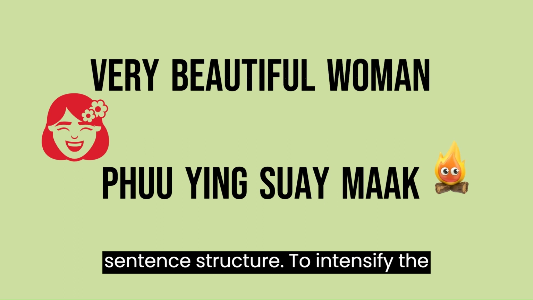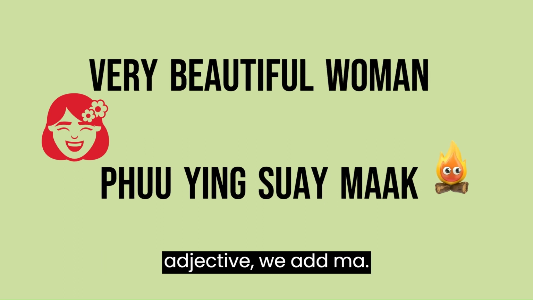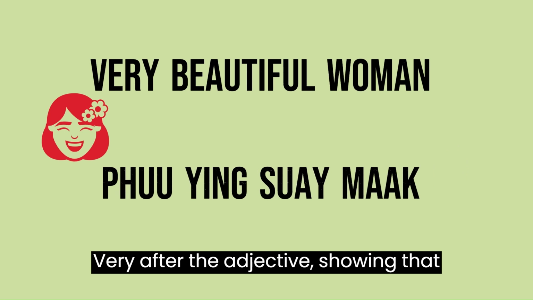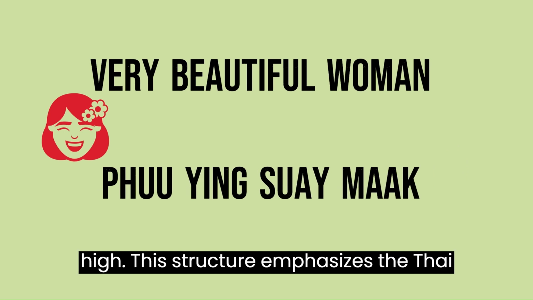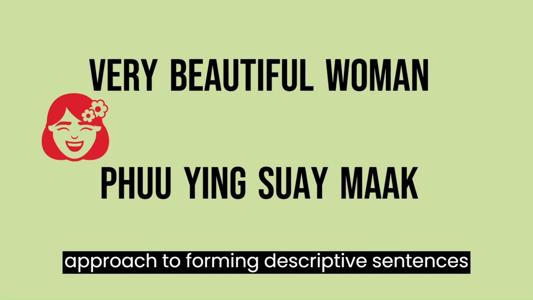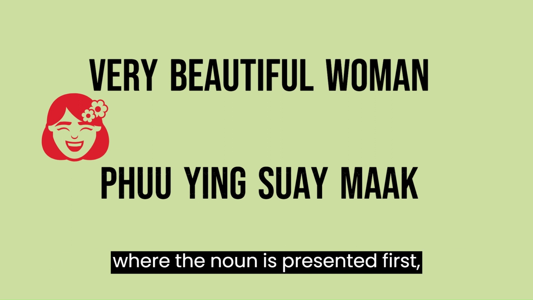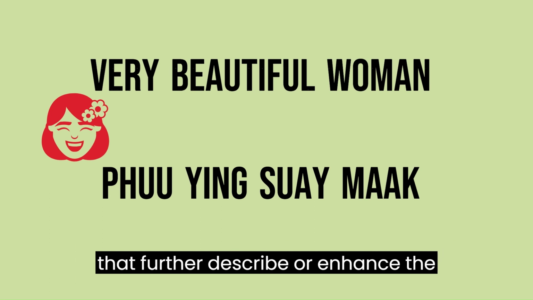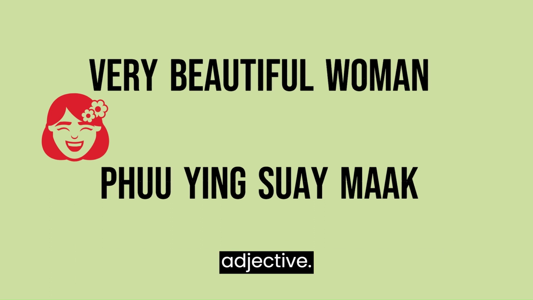To intensify the adjective, we add มาก, very, after the adjective, showing that the level of beauty is significantly high. This structure emphasizes the Thai approach to forming descriptive sentences, where the noun is presented first, followed by the adjective and any words that further describe or enhance the adjective.